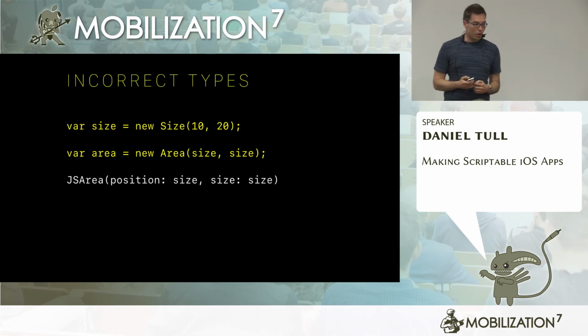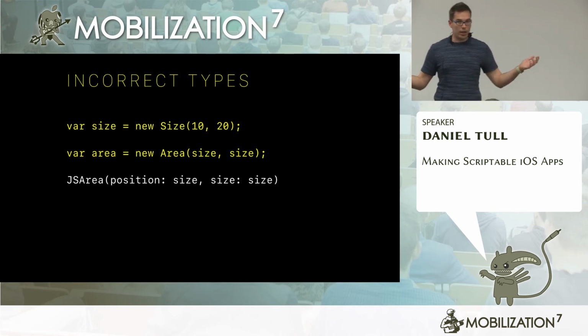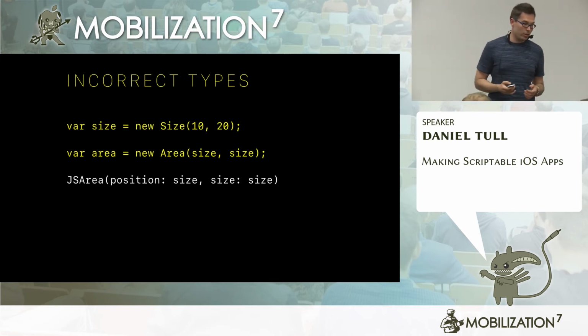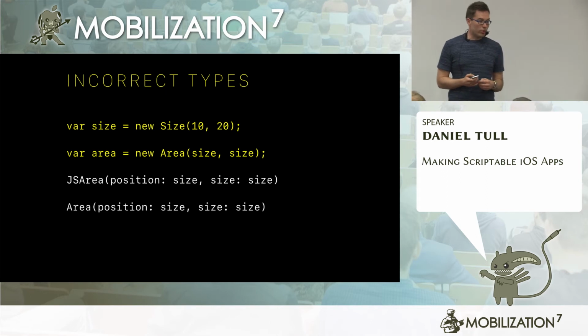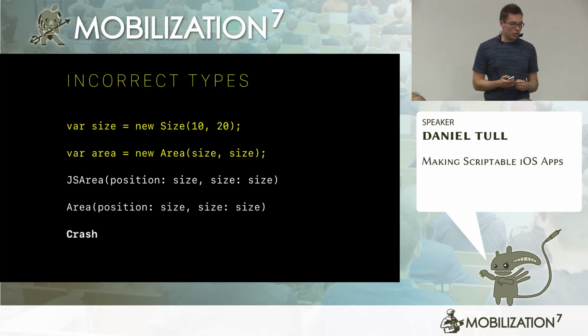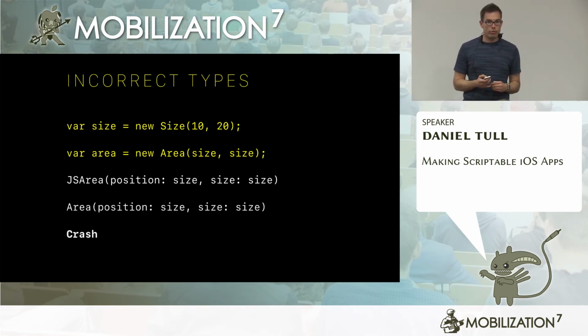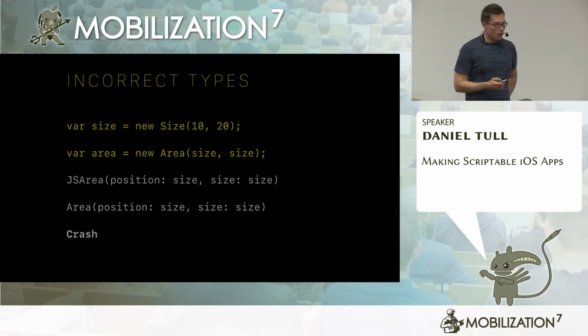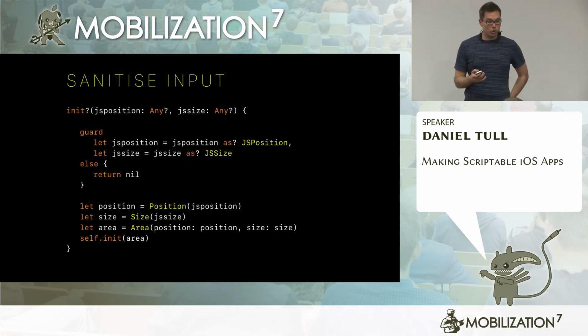So again, this will come through to the JS area type as a size and a size, and Objective-C doesn't care because it's just like, well, whatever, I got something. And Swift doesn't like the fact that a size is given for a position, which is a completely valid thing for it to want. So then you go back and you go, okay, well, I've got to do some more sanitization.